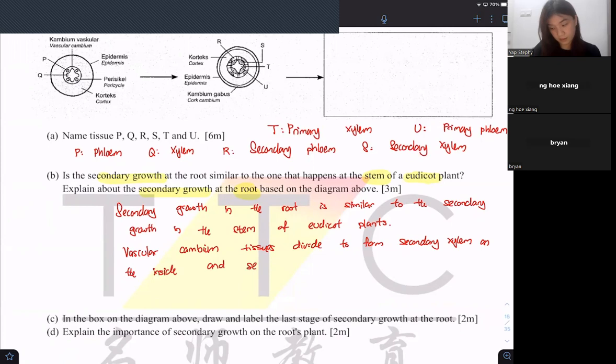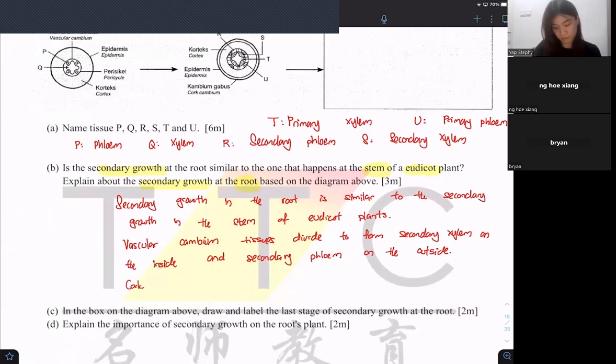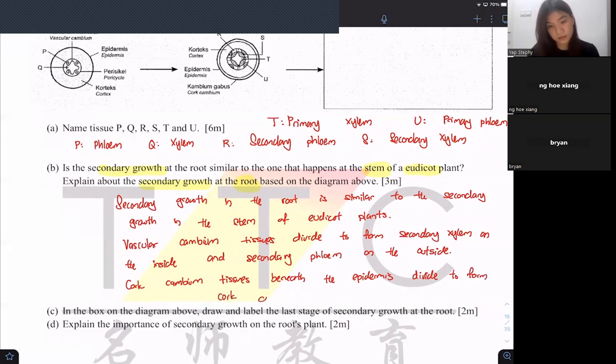And cork cells to protect the root tissue.